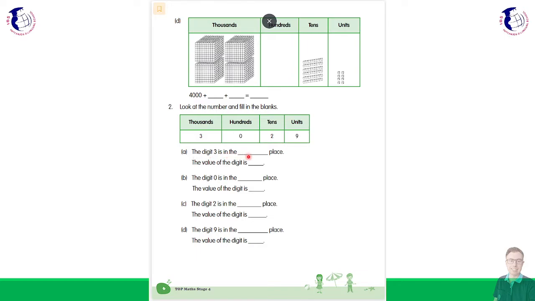The digit 3 is in the... So you've got to say which place value it is in. So it's either going to be thousands, hundreds, tens, or units. And then the value of the digit is... So, let's say, for example, let me just write at the side. If I had the number 5,605, and I asked you, what is the value of the number 6?